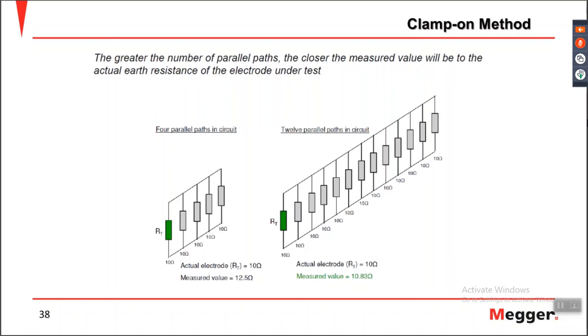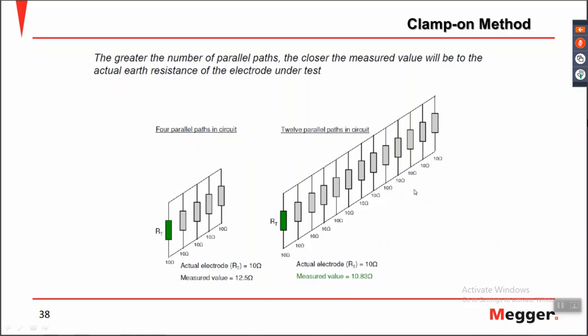You can compare: if you have 4 parallel paths in the circuit, the actual electrode in this example is 10 ohm, and you measure around 12.5 ohm. But if you have more paths, in this example 12, with the same resistance value, you will get close to the actual electrode value, 10.83. So more paths will give you a more accurate result with this method.